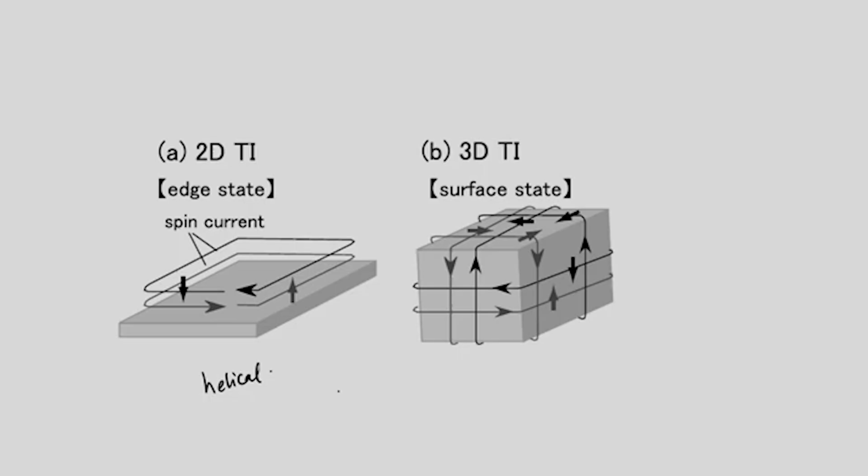Okay. So in 2D we have learned that there is an invariant called the Z2 invariant, and this Z2 invariant can take values 0 and 1.